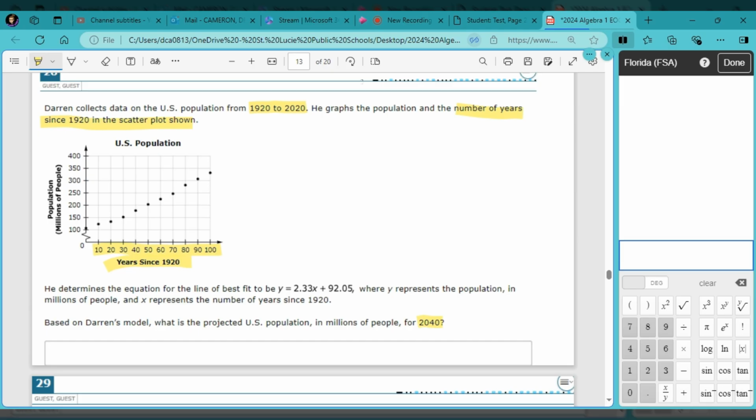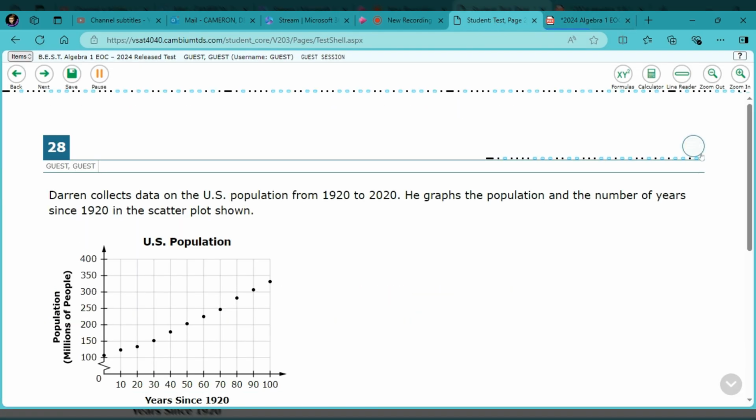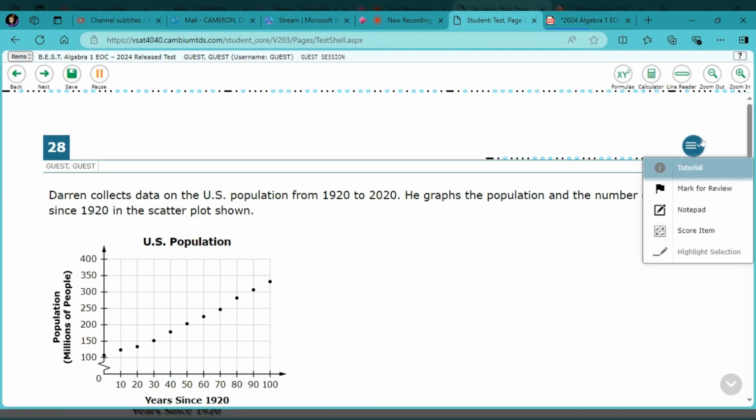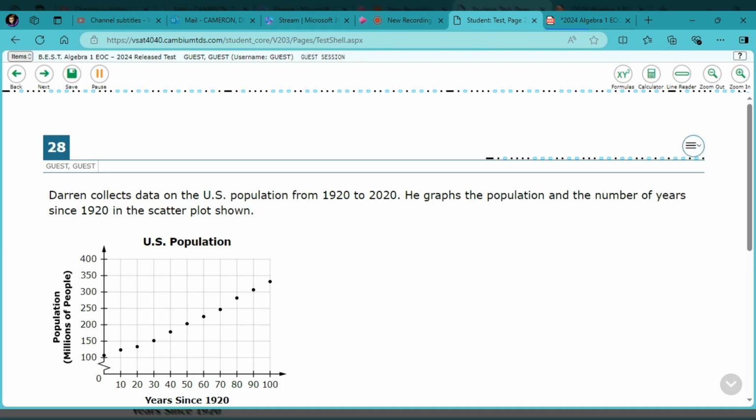And actually, when you're on the test, I know I'm writing on my PDF. When you're on the test, you have a tool here where you can highlight. I think you have to highlight it first. It's not exactly as user-friendly as the PDF. And then you can, I guess, come here and highlight. Number of years since 1920.